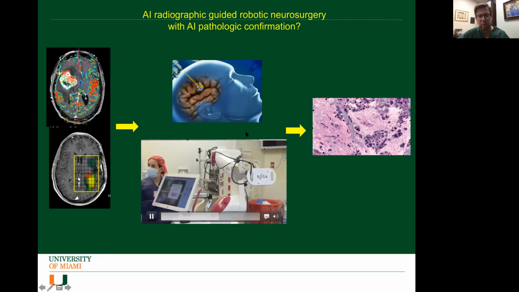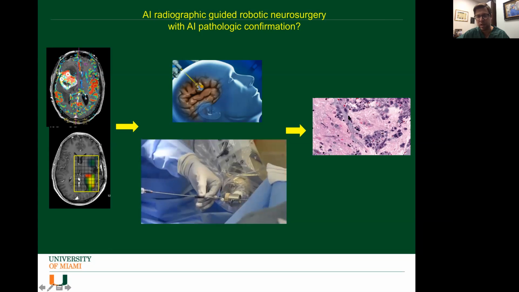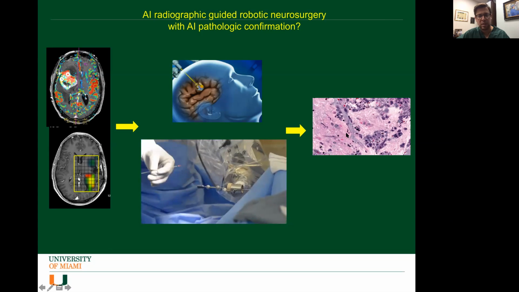And then immediately after biopsy or within the biopsy itself, can you automatically tell and make the diagnosis, again using AI, what the tumor tissue is. So within that period of the 3 or 4 hour operative experience, the patient would be imaged, it would be characterized, it would be biopsied and diagnosed, and the patient would leave with a diagnosis after that similar procedure.